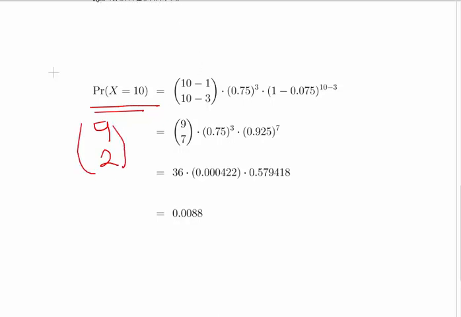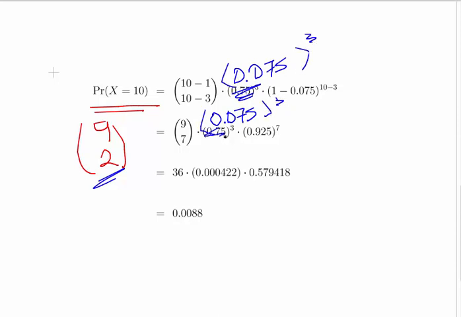That speeds things up quickly. That should be 0.075, I'm just missing a 0 there. Times 1 minus 0.075 to the power of 7. So 9 choose 2 is 36.